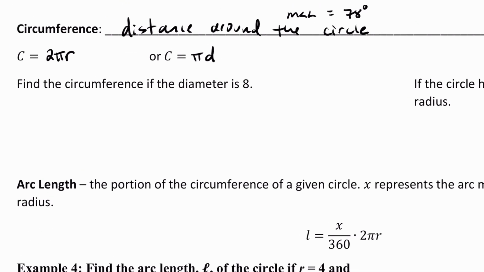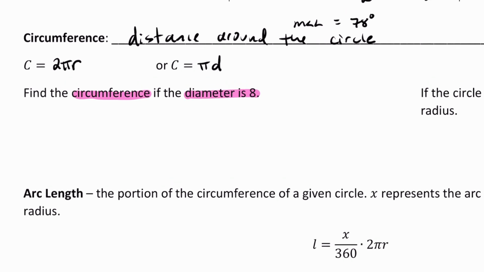So it says find the circumference if the diameter is 8. Since we're dealing with diameter, we should use this formula, not this formula. C equals pi d, and I'm replacing the diameter with the number 8. So C equals pi times 8, or I'm going to rewrite that as 8 pi.